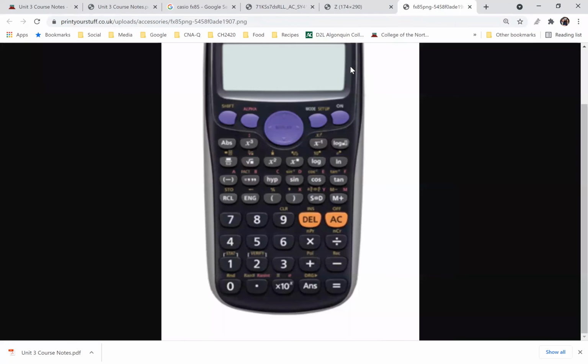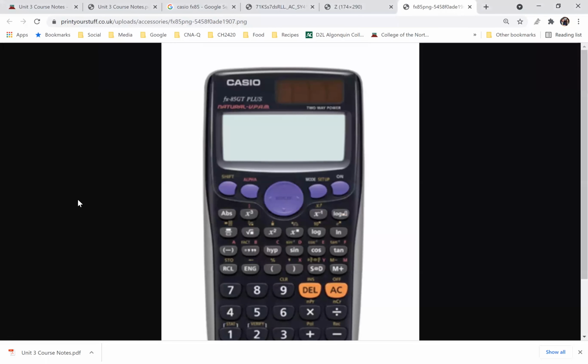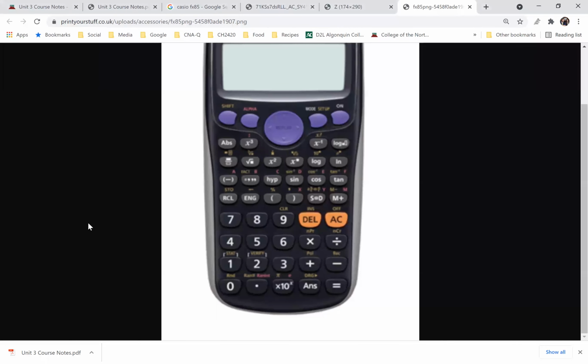Okay, so if you look at your calculator here, this is the Casio calculator. Yours might look a little different. It might be gray or it might have better buttons, but this is the Casio. Now, to enter this information in your calculator, you use this button.